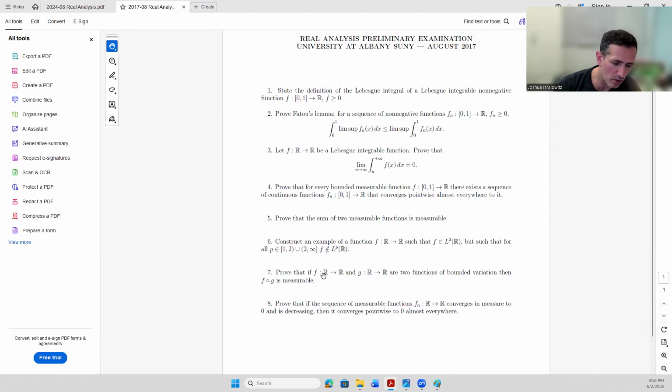There's no claim of uniformity over all intervals, or rather, if we take the supremum over all intervals of the total variation, that's not necessarily going to be finite. We still want the function f of x equals x to be of bounded variation.